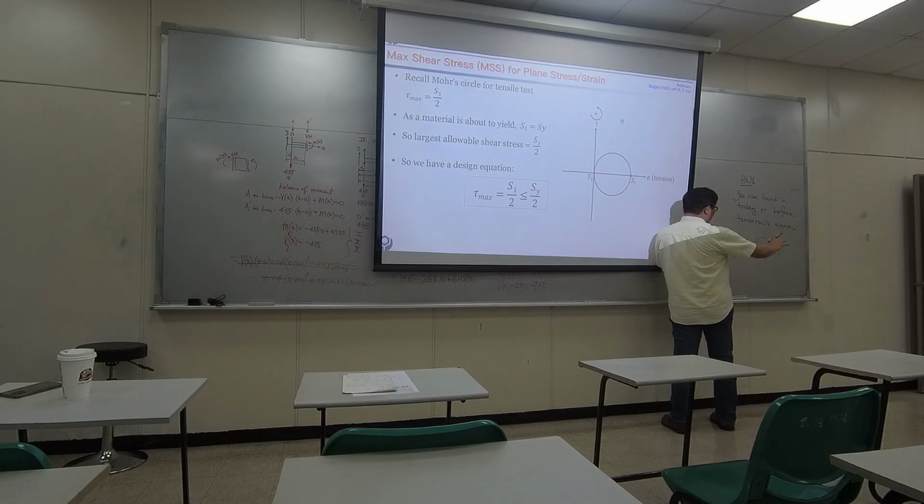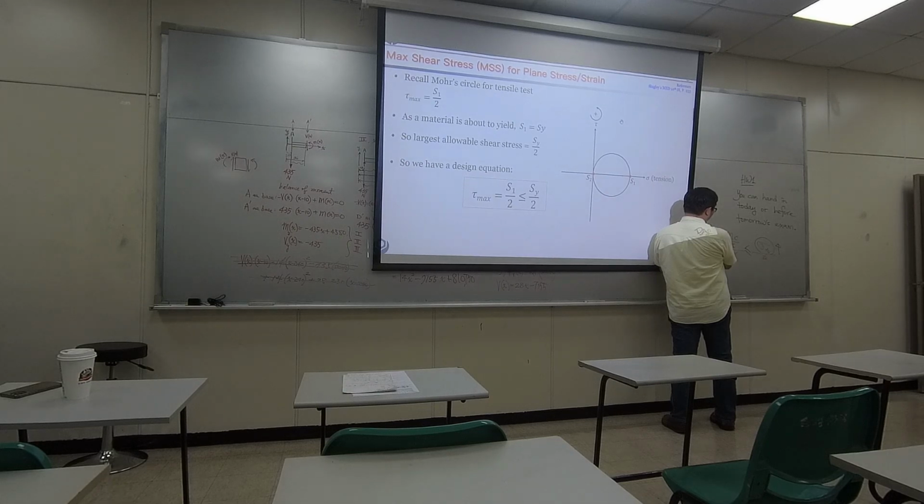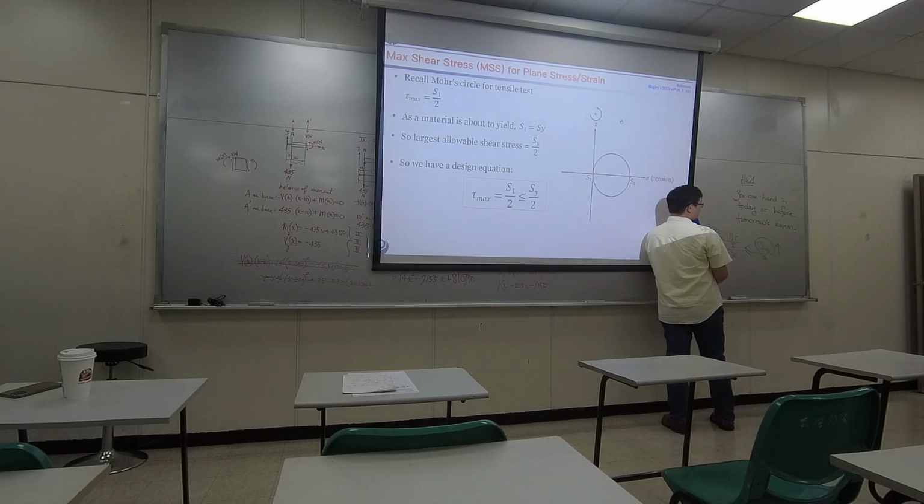So let's say this is a shaft. We already know this equation equals 32M over pi d cubed, right?